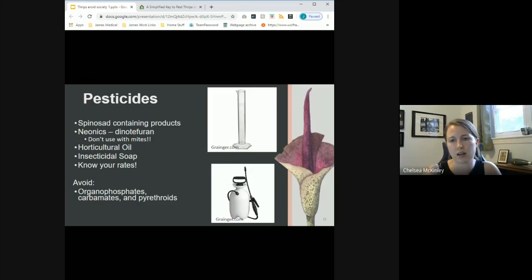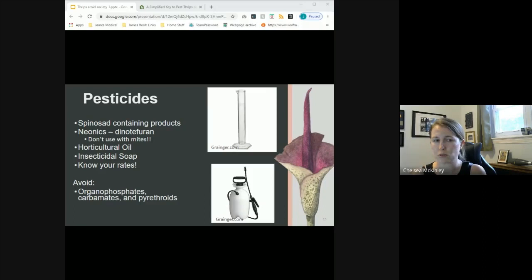Neonics are not great if your plants are actively blooming and are outside. There's been a lot of research done on how neonics negatively affect bees, and we want to make sure bees stay healthy and happy. But on indoor plants, if you don't have pollinators around, they can be a good method of control. There are just some considerations to keep in mind when using neonicotinoids.